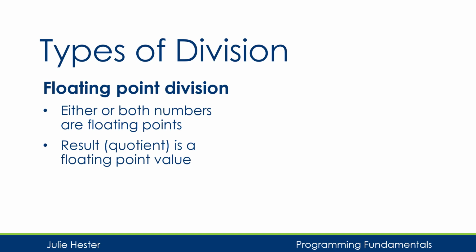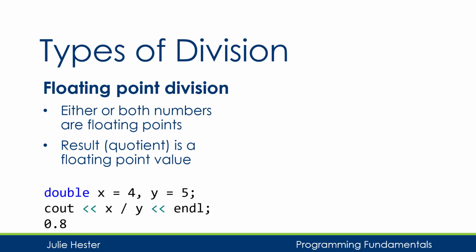It's more automatic. But here's an example of that. I have two numbers, x and y. They're stored as doubles, even though they happen to have integer values. If I were to divide 4 by 5, the value of 4 divided by 5 is 0.8. I'm dividing a double by a double, so the result will be a double, and I'll get exactly what I was hoping for.